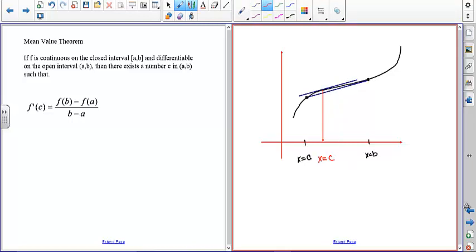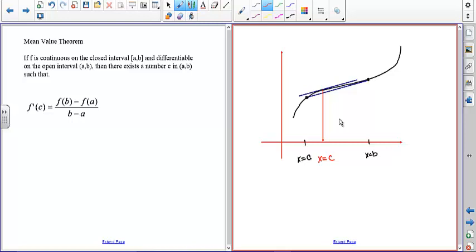So these two lines are parallel. This one you get from that equation. This one you evaluate the derivative at some value of c. So again, what you have to do in these problems is figure out what value of c gives you a value of the derivative equal to the average across that interval.